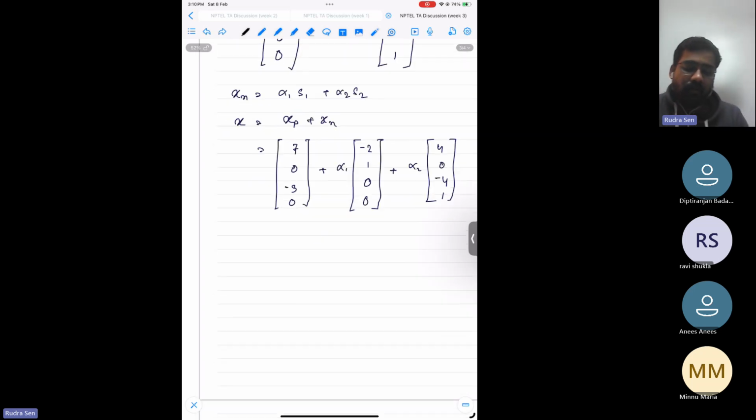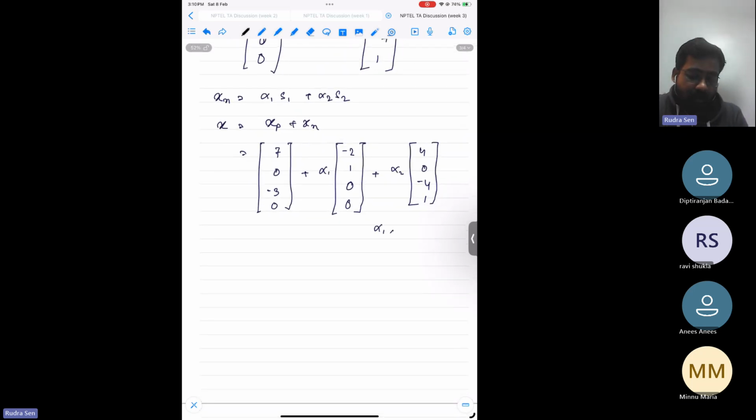So what are alpha 1 and alpha 2? Alpha 1 and alpha 2 belong to the real numbers. So any real number, negative, zero, positive, you put over here, and you do this addition, you will get the solution.